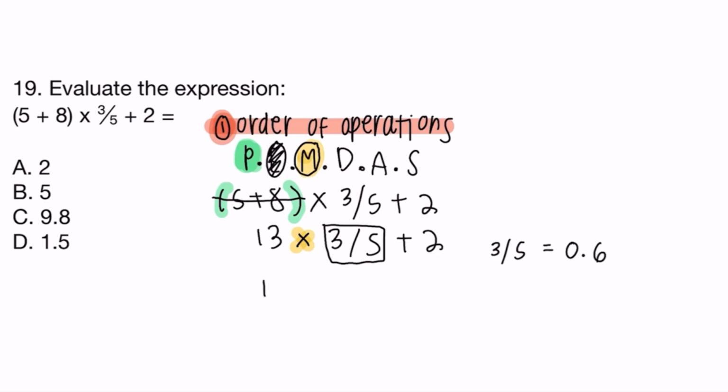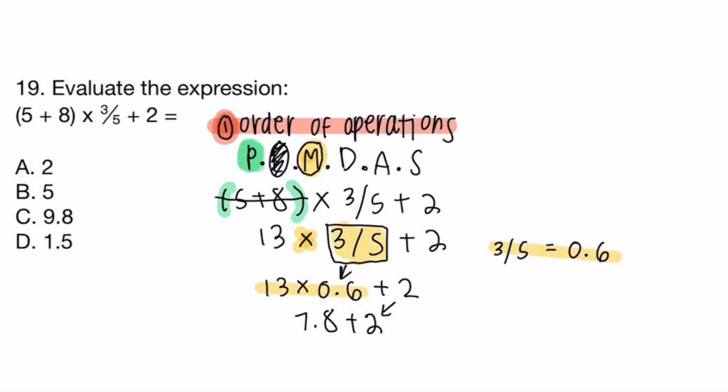So 13 times 0.6 plus 2. And 13 times 0.6 is 7.8. Okay? And then, like I said, I write as follows. 7.8 plus 2.